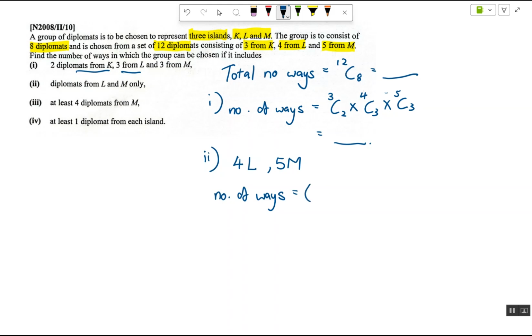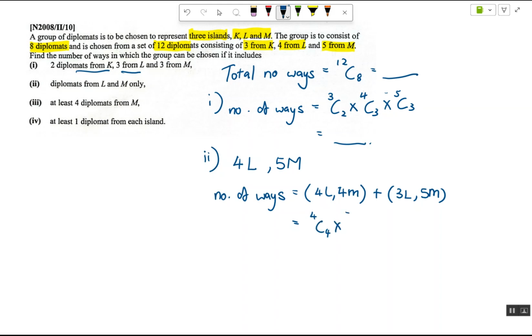The first case, let's say I have 4 from L and 4 from M, or 3 from L and 5 from M. Those are the only 2 possibilities to choose 8 people from this group of 9 people. You can't have 5 persons from L because there's only 4 from L. You can't have 2 persons from L because there's only 5 from M, and in total that will make up 7 only. So for L, that's 4 choose 4, there's only one way.